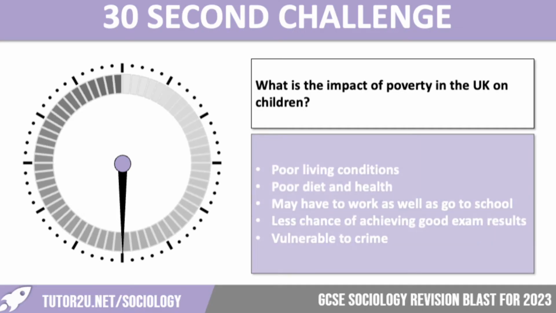Okay, let's have a look. We've got poor living conditions, we've got poor diet and health, they may have to work as well as going to school, therefore they've got less chance of achieving good exam results, and they are vulnerable to crime. So all of those things are results of children being exposed to poverty in the UK.